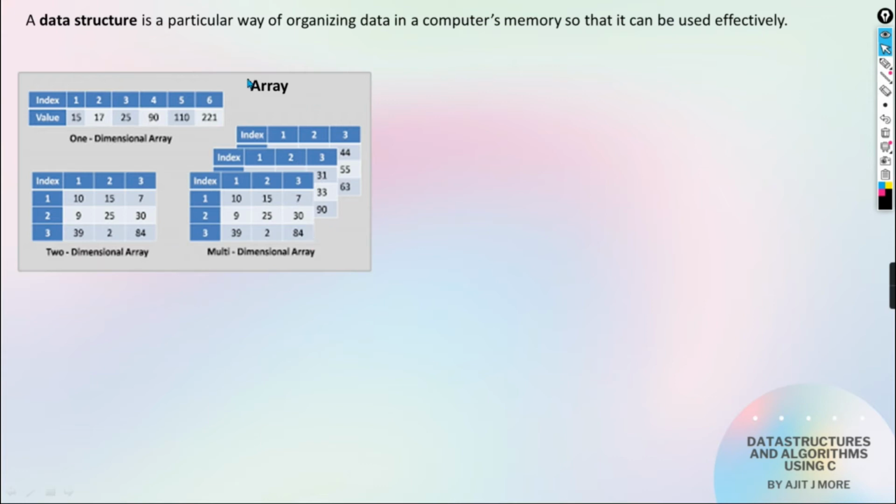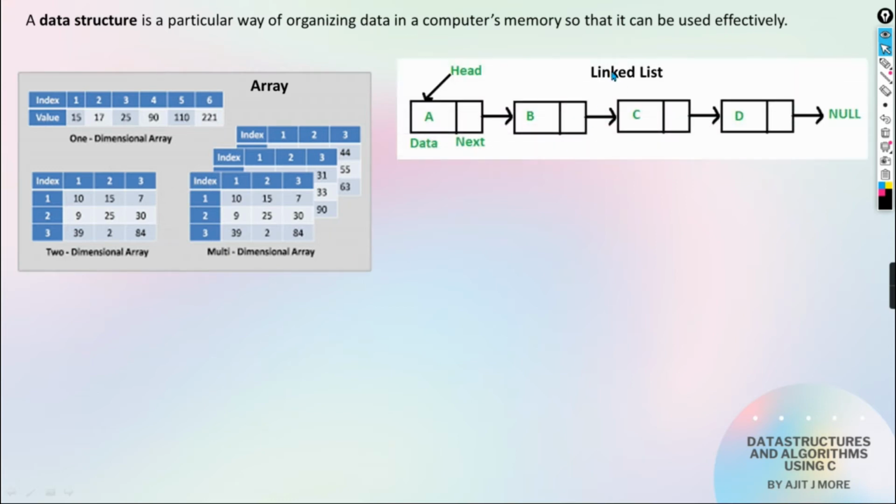So array is one form of data structure, where we organize information in computer memory in a sequential way and then perform different operations on it. Then we have another data structure, that is linked list. Here all your elements are not at a fixed distance apart from each other.